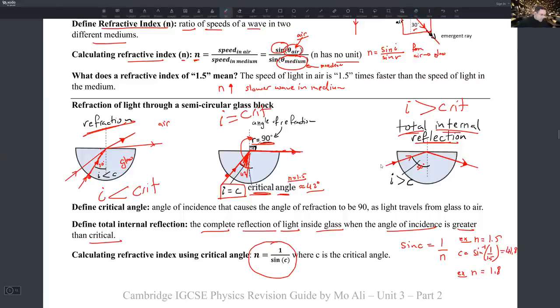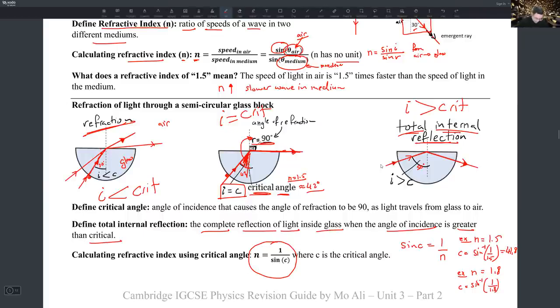Can you forgive me if I rounded it up to 42? If I told you 42, is that okay? Thank you. Okay Ahmad, what is the value of c if n is 1.8? Shift sine, to remove the sine from here, of 1 over 1.8.